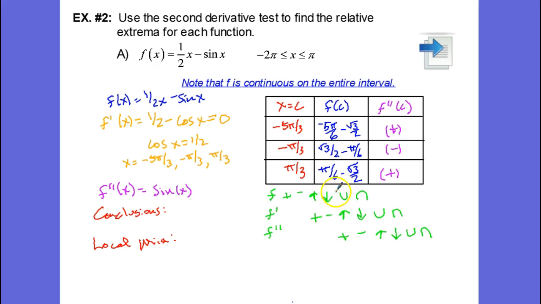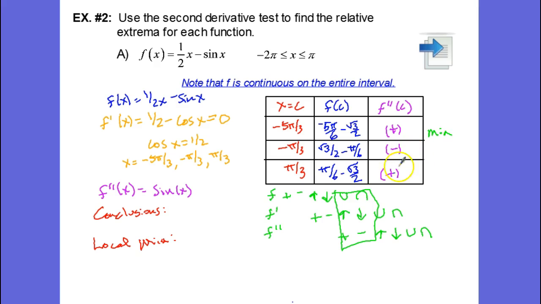Now I want you to pay attention to f and f double prime. Notice that when f double prime is positive, the original function is concave up. So what does that mean? That means that we have a minimum.